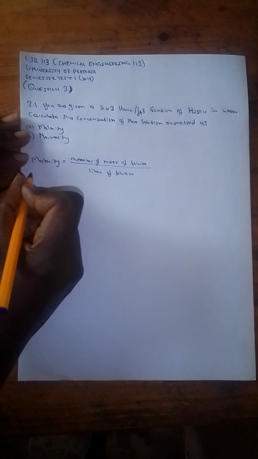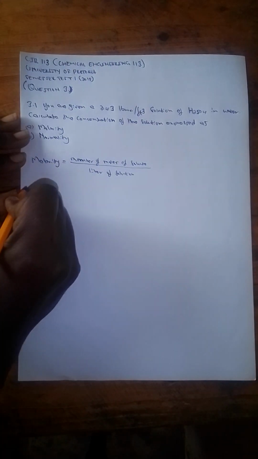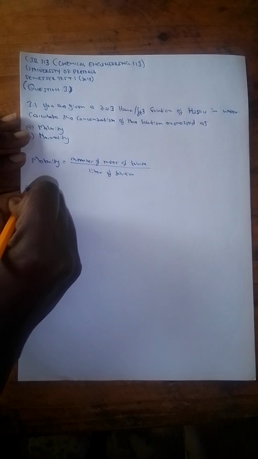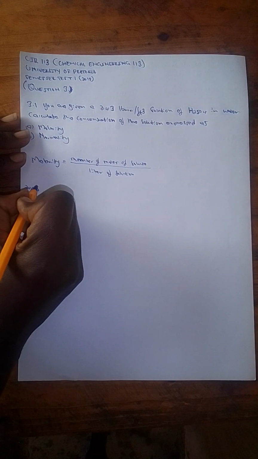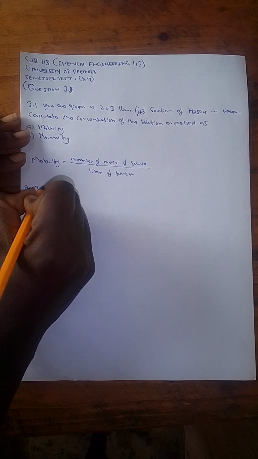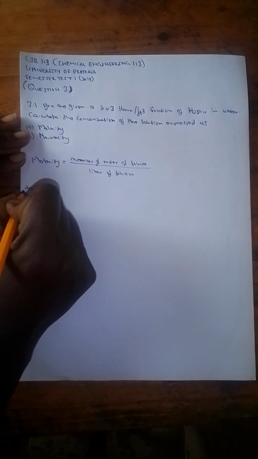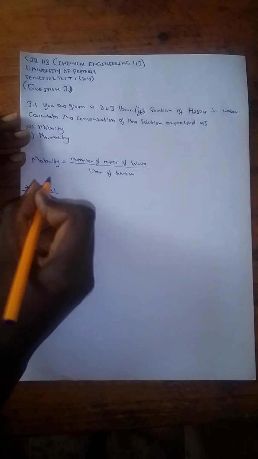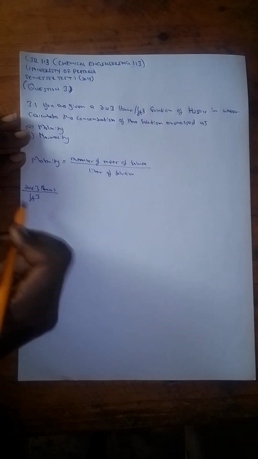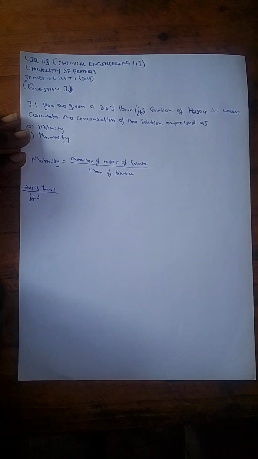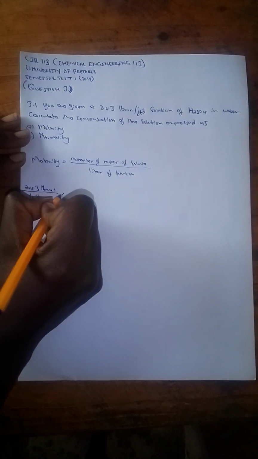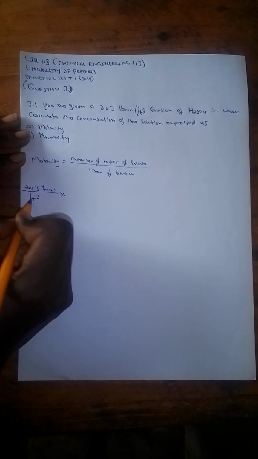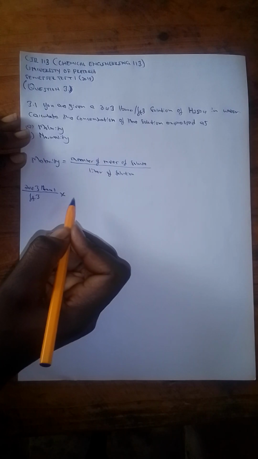With that said, we have 2.43 pound mole per feet cubed, and we're going to be converting from here into gram moles per liter. So we can start with the feet cubed and convert it to meter cubed.